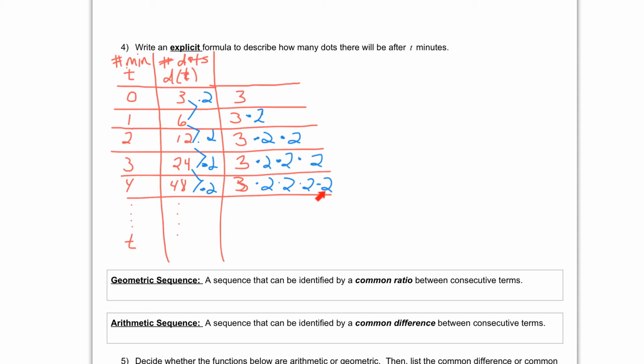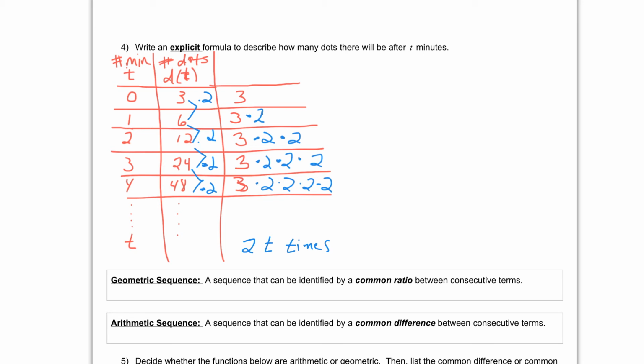At 4 minutes, we had 4 2s. So then it's going to continue with that pattern. So at t minutes, we should have t 2s. So we will have 2 t number of times.